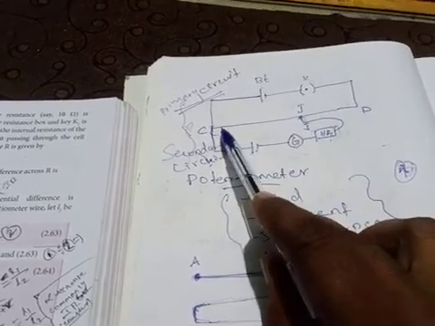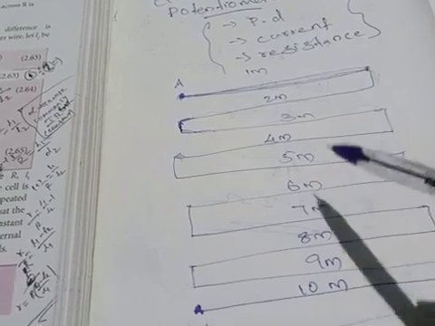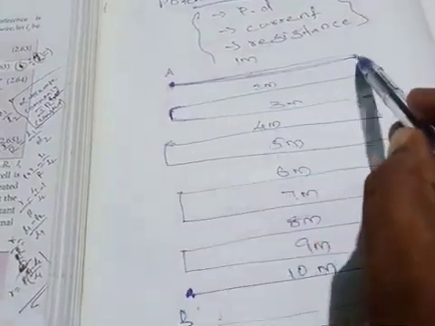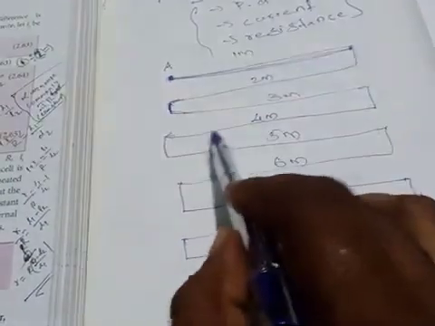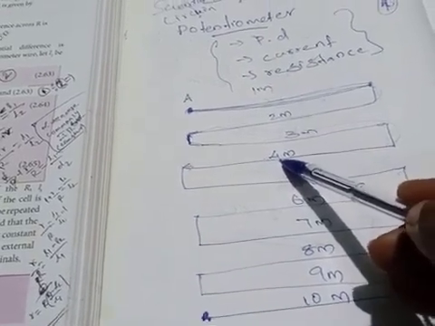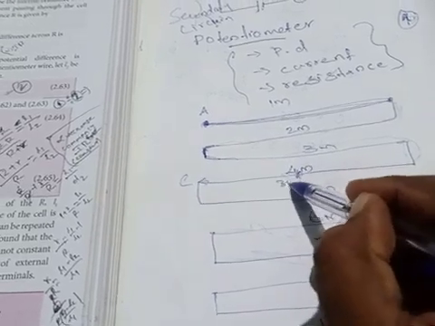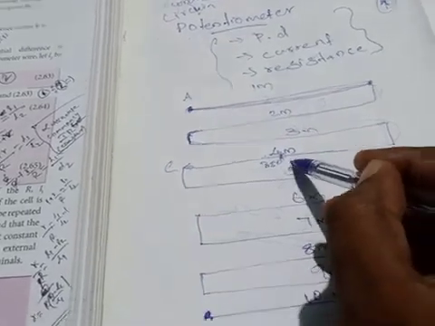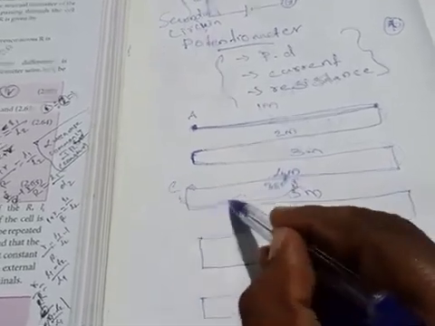The potential difference, the voltage across this wire, here you can see 10 meters of wire. Maybe you are moving the jockey over this wire. When we are moving, maybe I reached here. Now you see 100, 200, 300, and maybe 50. When I reach the point 350, this is what we call CJ.